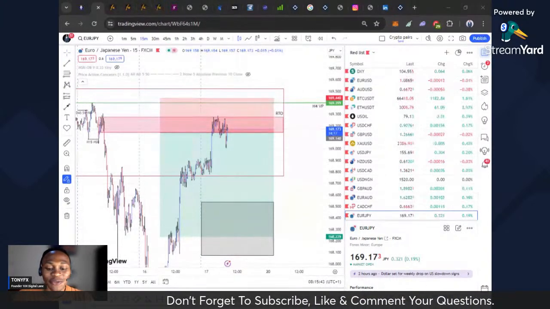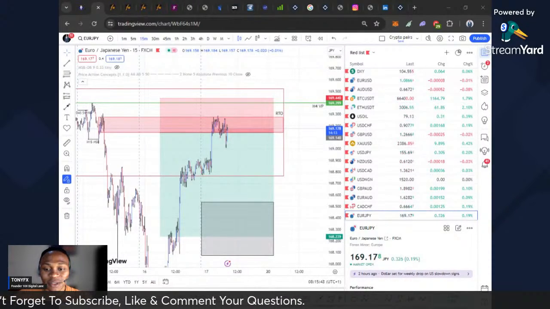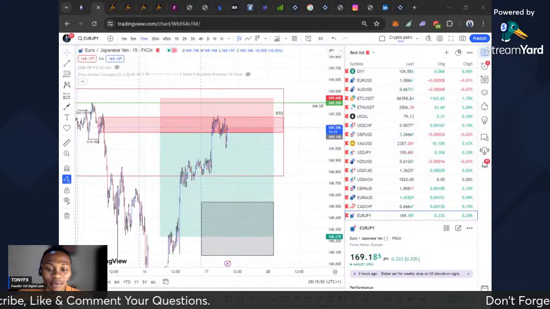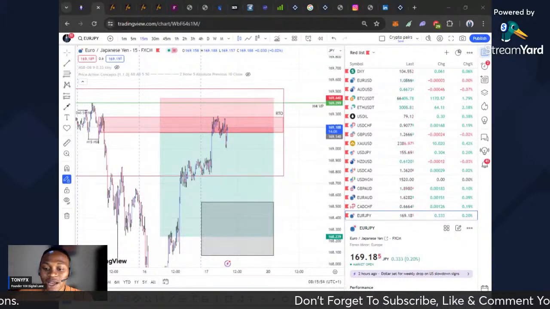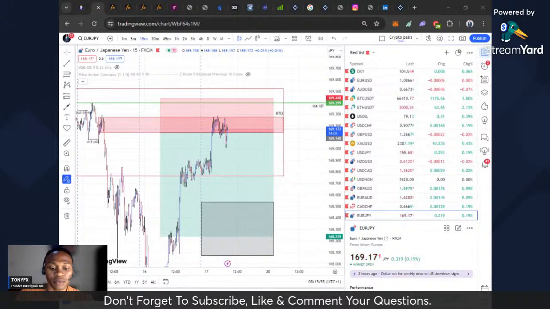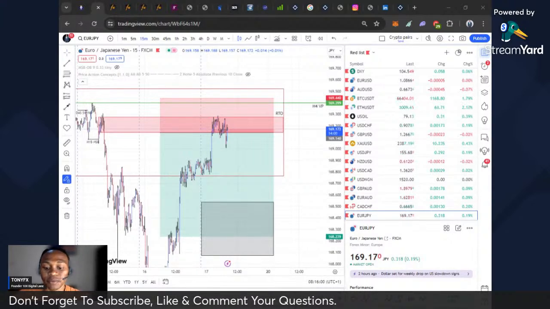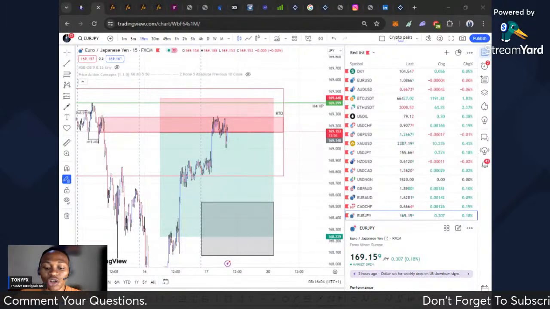So the first session overlap, I'm typing the answer. The first overlap is 1 p.m. to 5 p.m., which has to do with the London session and New York session overlap.